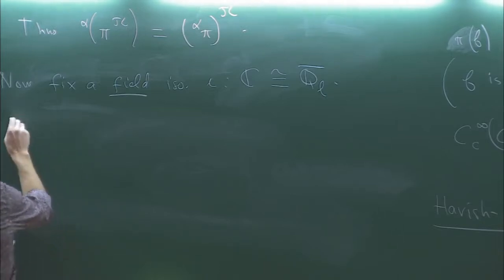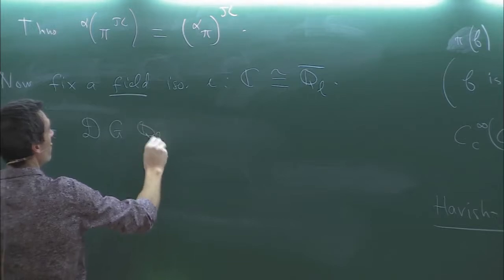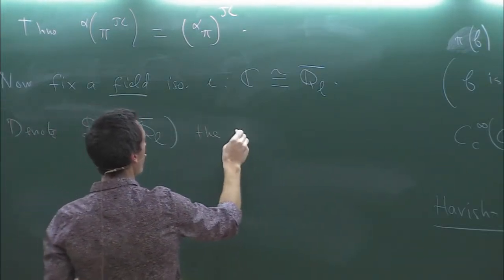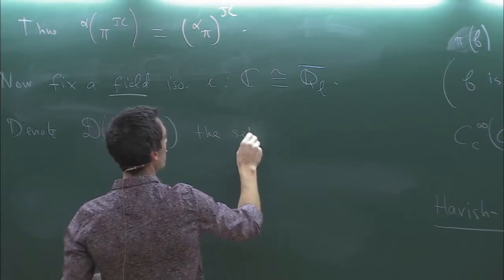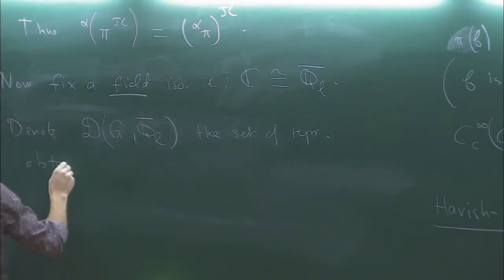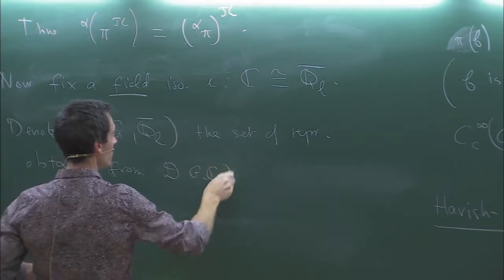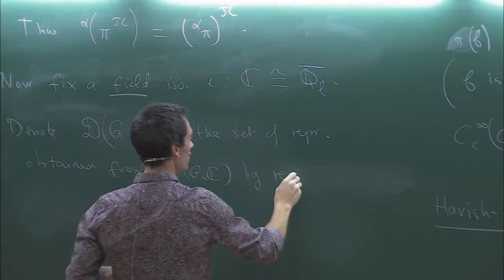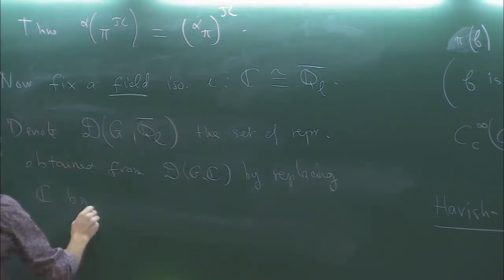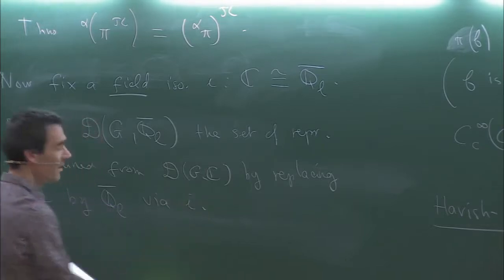So denote by DG QL bar the set of representations obtained from DGC by replacing C by QL bar via the isomorphism iota.